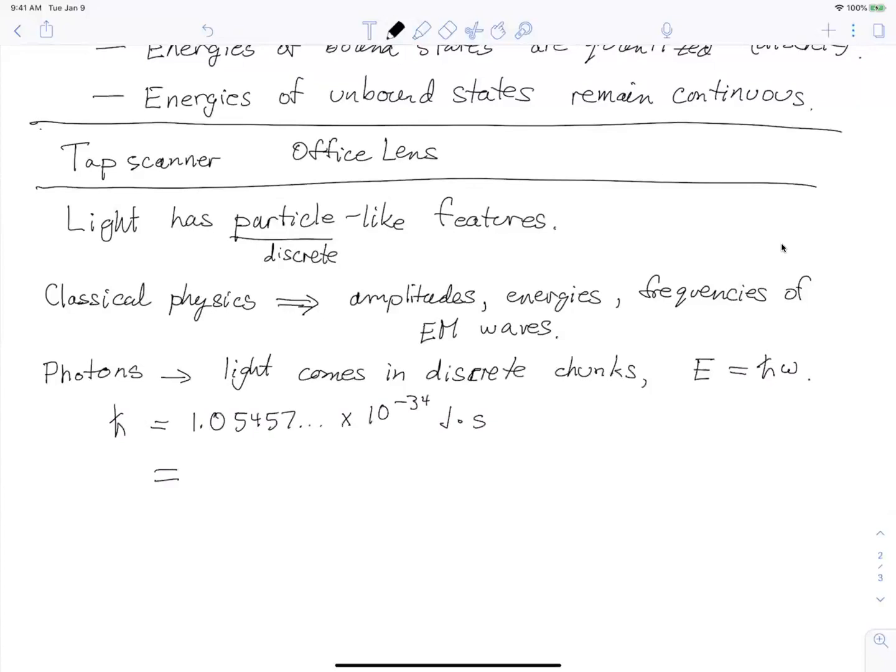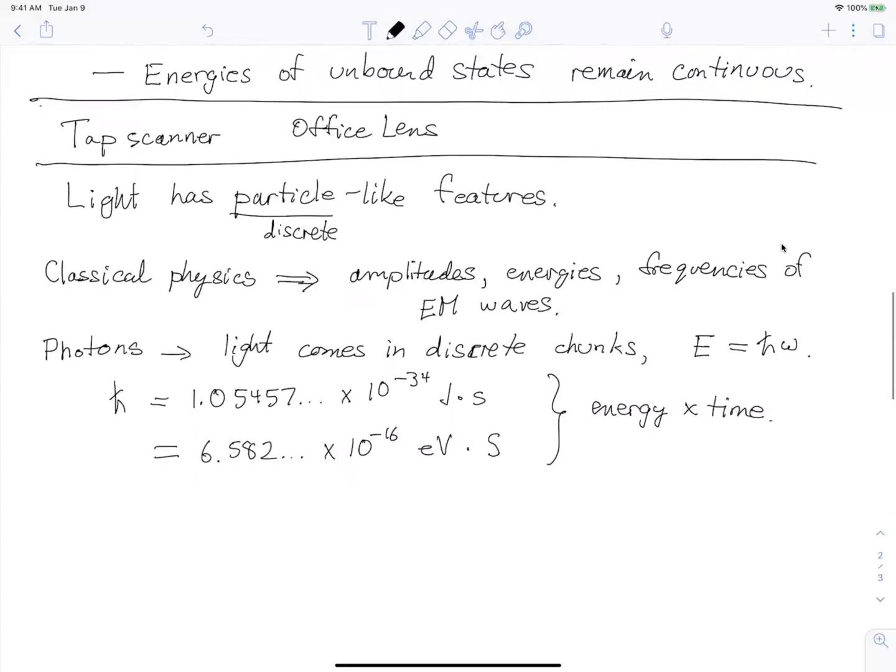And then sometimes it's more convenient to write it like this instead in different units. Still a very small number, but this is in electron volts times seconds. Okay, so in any case, h bar is an energy times a time. And it's some constant of nature which goes in there.